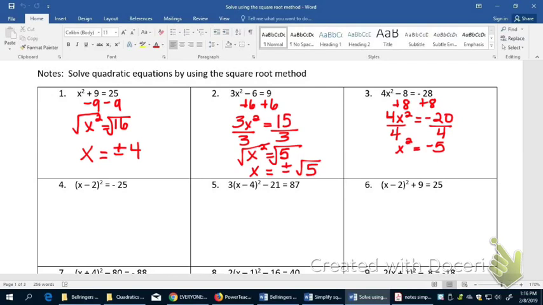Alright, and then what? Square root. Square root of x squared is just x. Square root. Okay, so we put plus or minus. Always plus or minus. Alright, square root of 5, it doesn't break down, but it does have a negative in front of it, so that means there's an i. And then square root of 5 is separate.